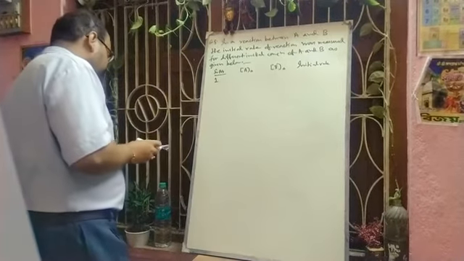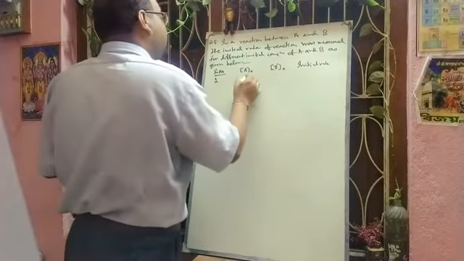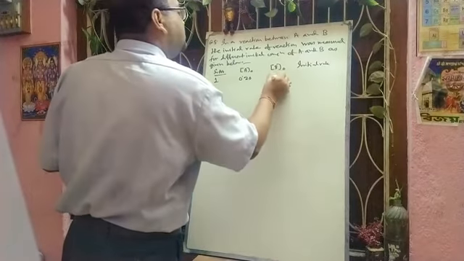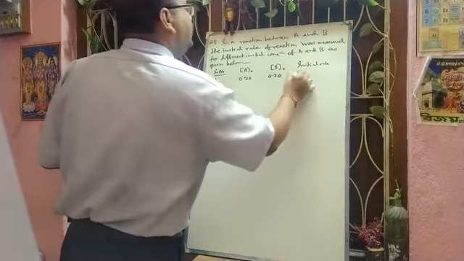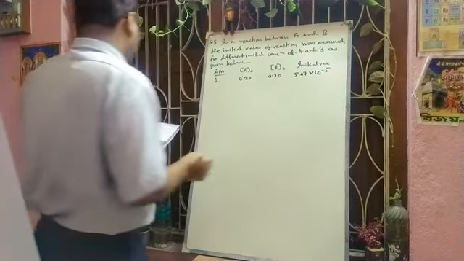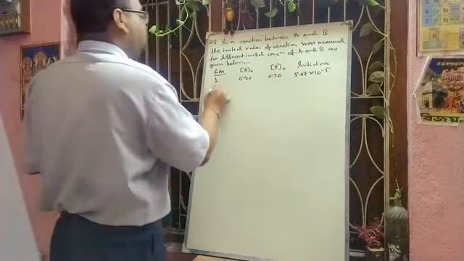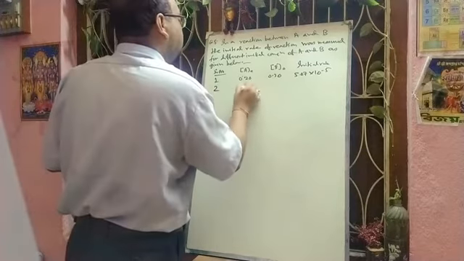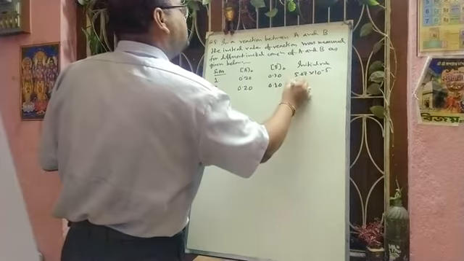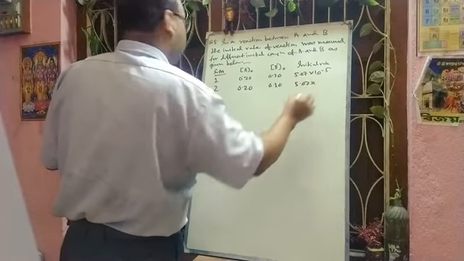So now here first is given concentration of A 0.20 and B will be 0.30. The initial rate will be 5.07 into 10 to the power minus 5. And option 2 is given, that is 0.20 and 0.10, that is 5.07 into 10 to the power minus 5.